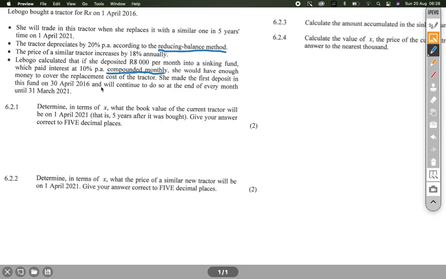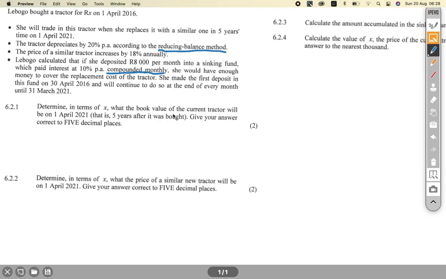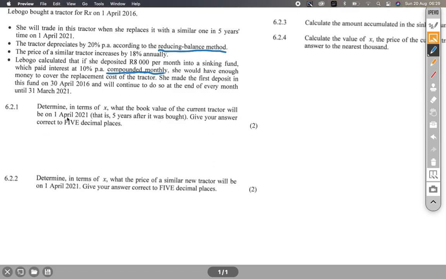Okay, now determine in terms of X what the book value of the current tractor will be on 1 April 2021. So remember that it depreciates, and they said according to the reducing balance method.